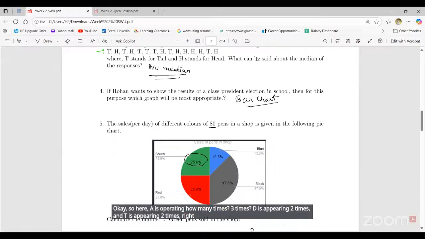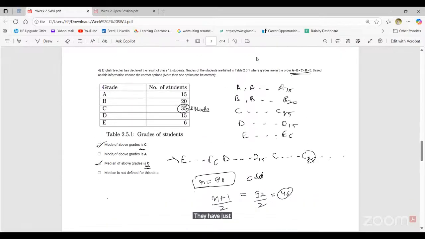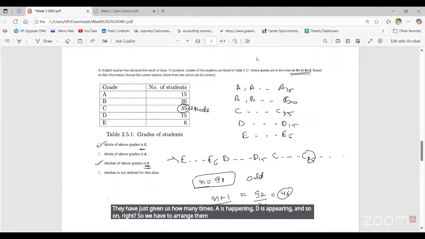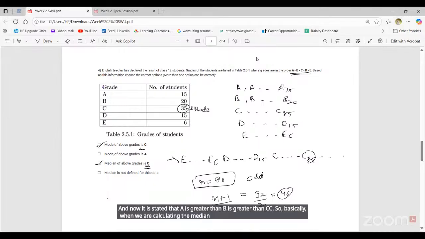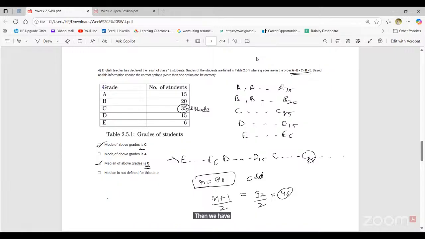In the same way, they have just given us how many times A, B and so on appear. So we have to arrange them in this order. Basically, when we calculate the median, we first order it, and then we calculate the median.